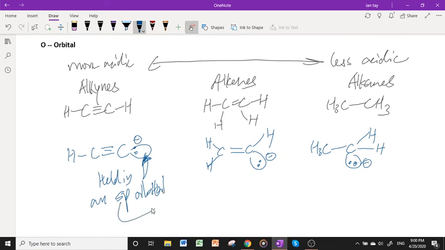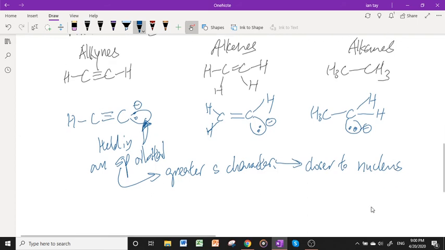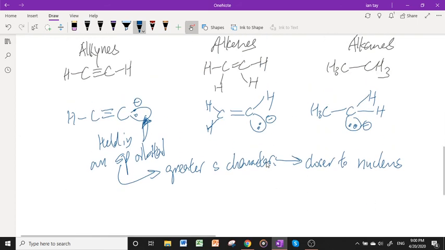And note the sp orbital has greater s character. What does it mean when the orbital has greater s character? It means that it is closer to the nucleus. Of the same quantum shell, the s orbital is closer to the nucleus than the p orbital. This means that the negative charge is now closer to the positively charged nucleus, and since opposite charges attract, it is more stabilized.